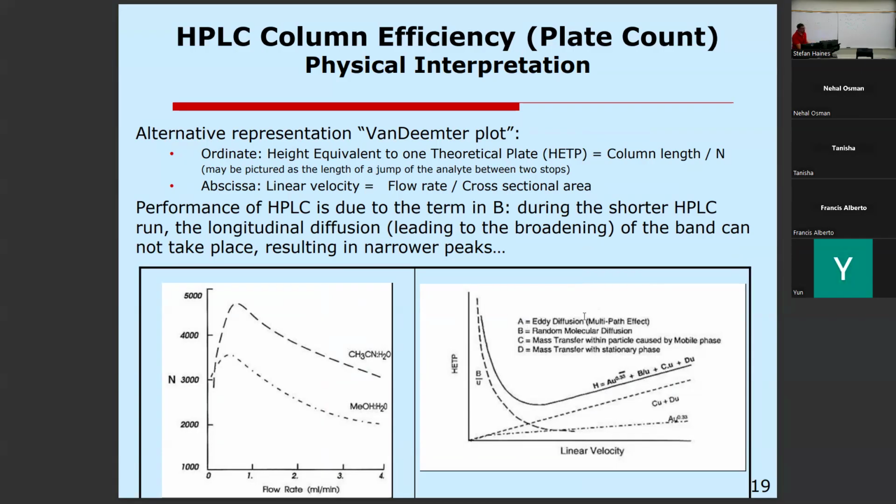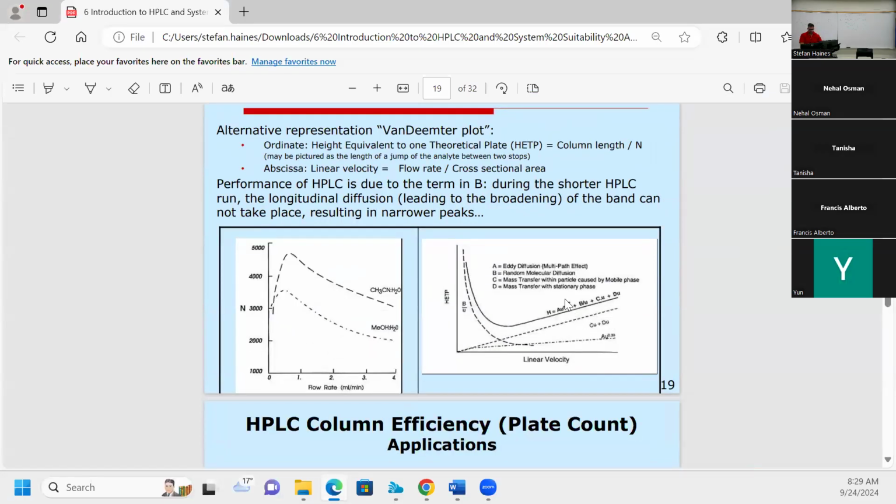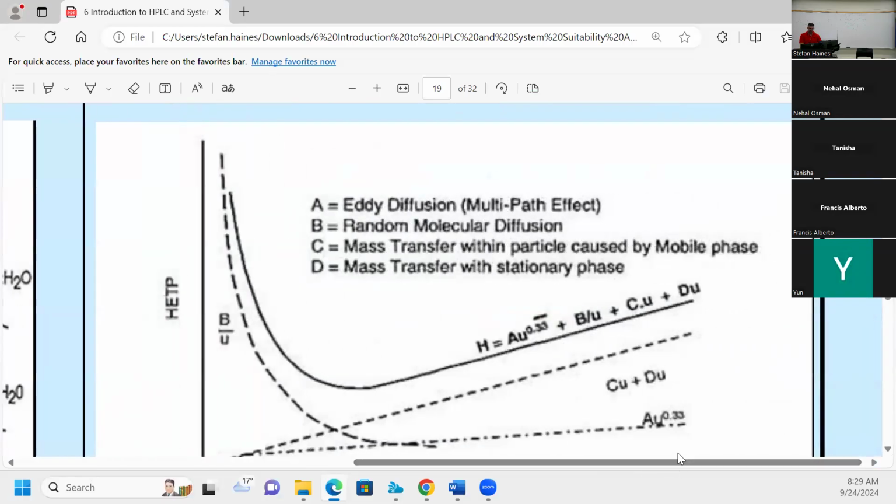But I guess all these factors here, A, B, C, and D, what they're trying to tell you is they're all different things that can mess with your plate count, right? So eddy diffusion, right? These are different molecules taking different paths. Random diffusion, right? So there's similar molecules, but they're still going off in random directions, right? Mass transfer within particles caused by mobile phase, and then mass transfer with stationary phase. All these different things can make your plate count go down if they get too high.